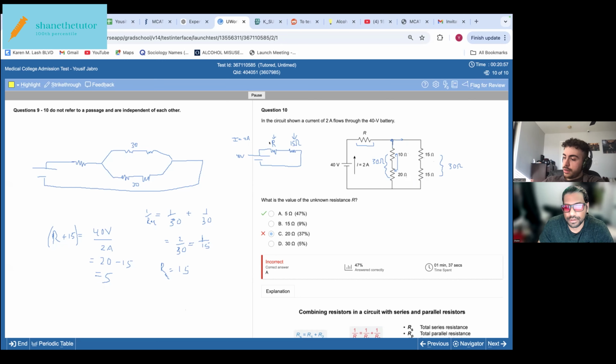V equals IR, so it's R plus 15 equals V over I. So 40 over 2 is 20. Oh, okay, I see that. That makes sense.